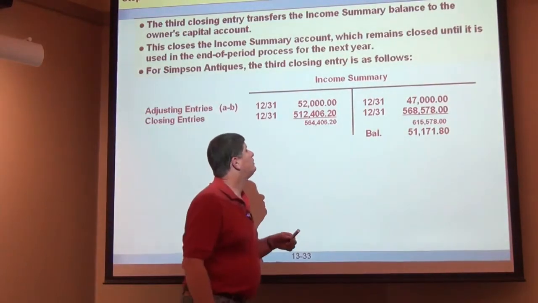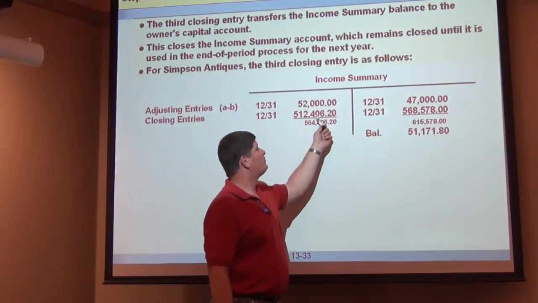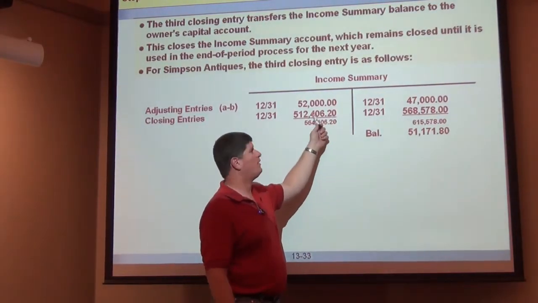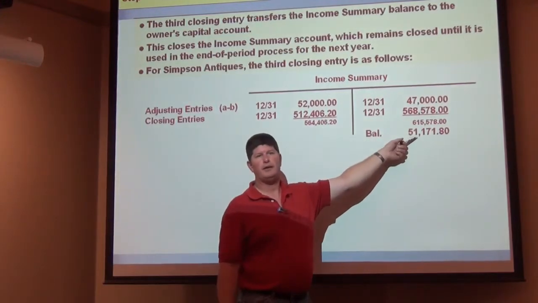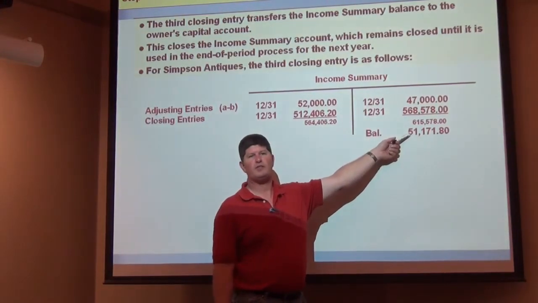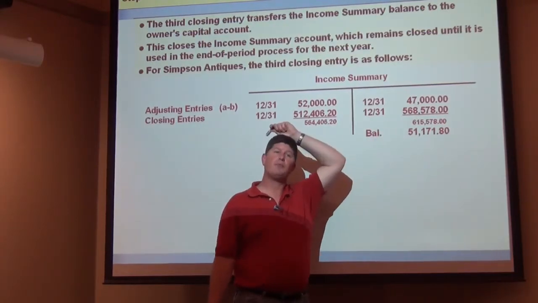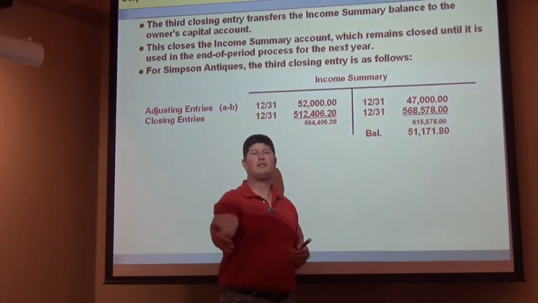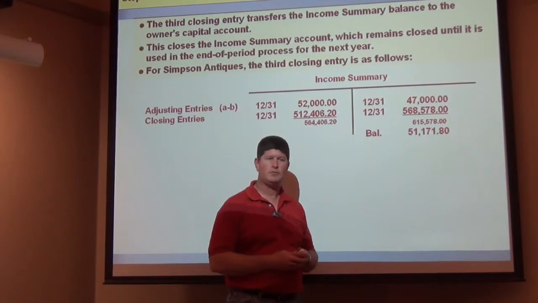And notice, if I took 56.8 minus 51.2, or 568 minus 512, I would not end up with net income. I'd be off by $5,000. So my net income that I would normally close to the owner's capital account would be wrong, and my owner's capital account would not match the income statement and the statement of owner's equity and the balance sheet that I just prepared.